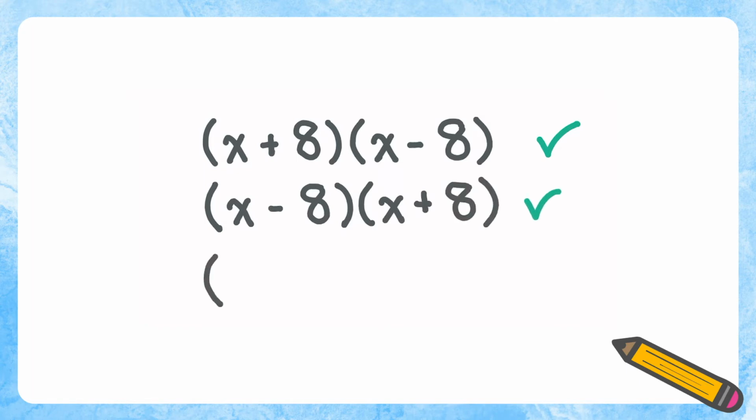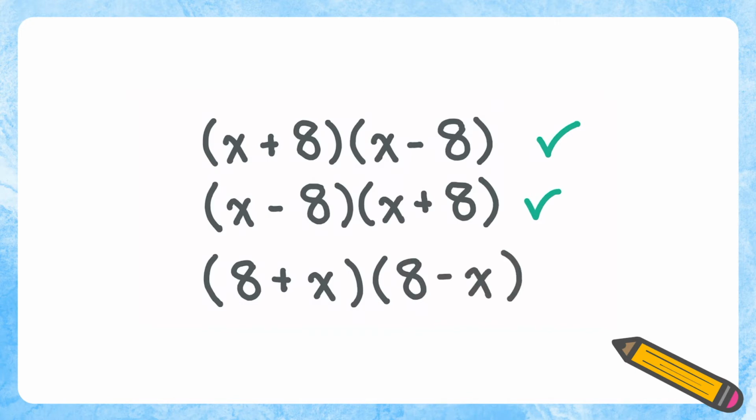However, you cannot write something like 8 plus x and then 8 minus x. You can't switch the terms around in that sense. So this would be incorrect. And if you're curious as to why, go ahead and multiply it out and you'll notice that it does not equal x squared minus 8 squared.